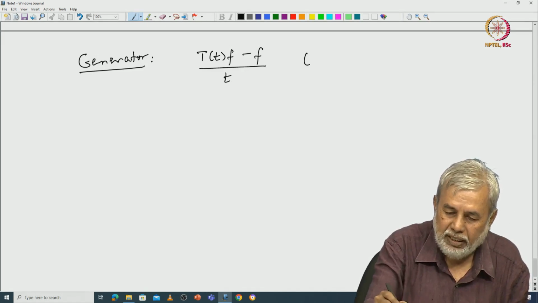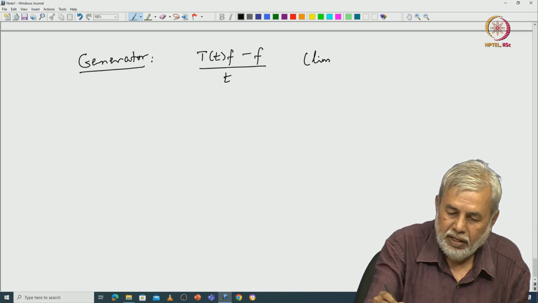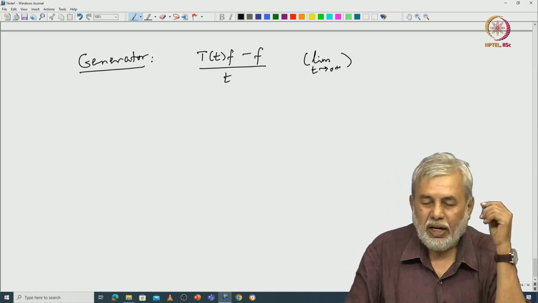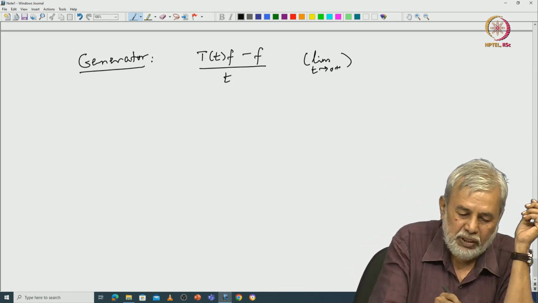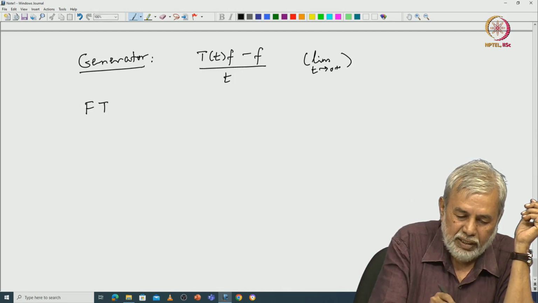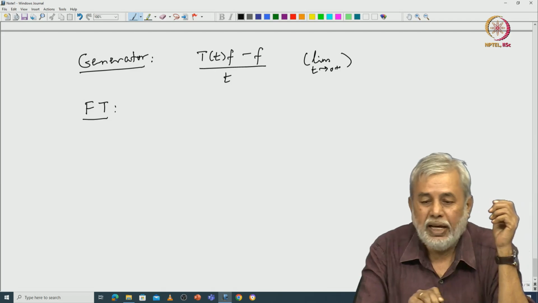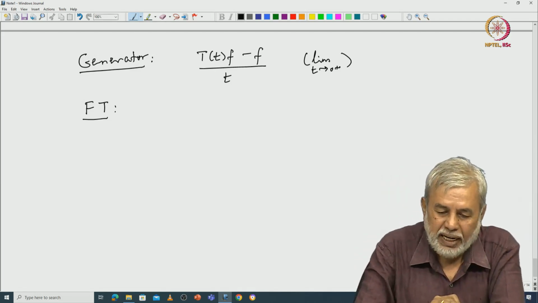So, you have to consider the limit as t tends to 0. So, that is a convolution. Of course, you can do it like that, but we can use the Fourier transform. This is just for guessing, and then you have to really prove it rigorously.